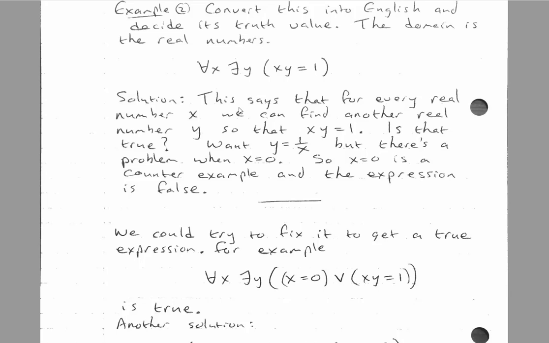All right, but it was almost true. Yeah, we could try to fix it. So how could we get a true expression? Well, you could say for all x there exists a y so that either x equals 0 or xy equals 1.